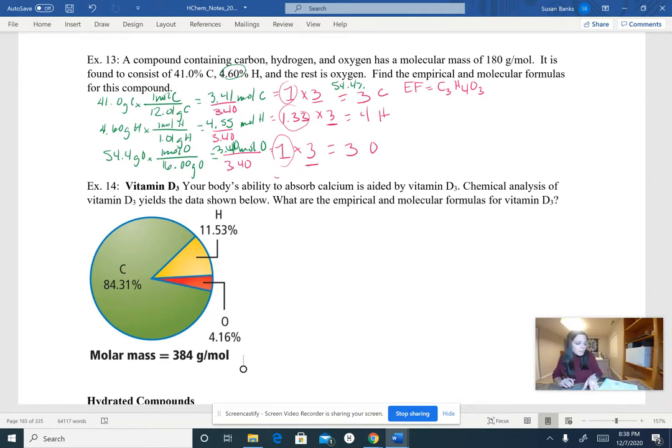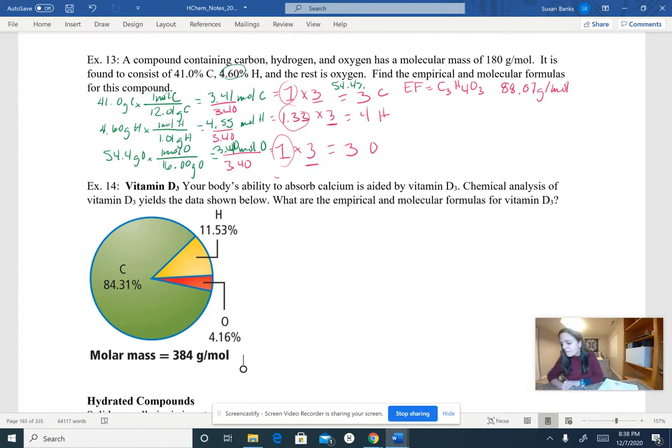Now, the next thing we have to do is come up with a mass for that empirical formula. So for the empirical formula mass: 3 carbons, 12.01 times 3, plus 4 hydrogens, 4 times 1.01, plus 3 oxygens, 3 times 16, I get an empirical mass of 88.07 grams per mole.